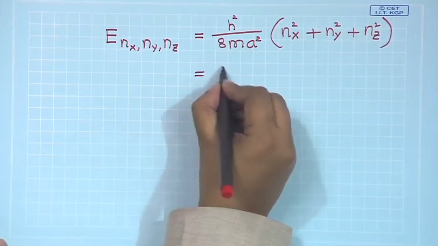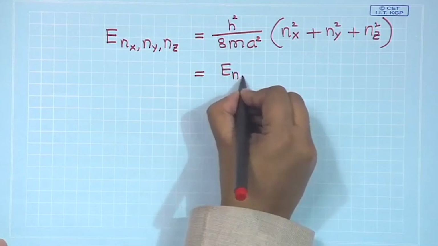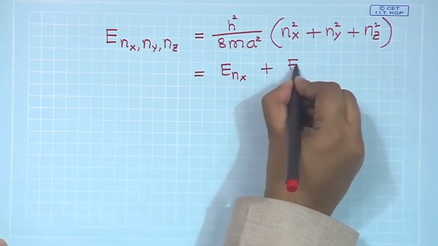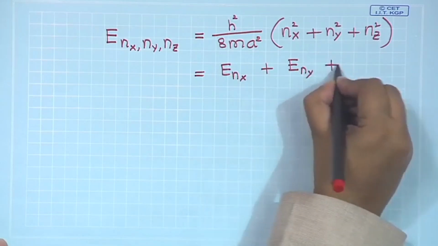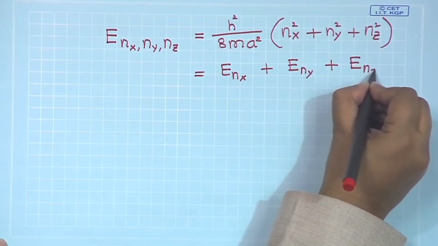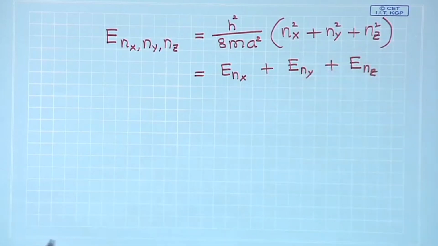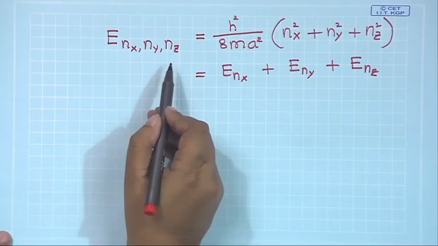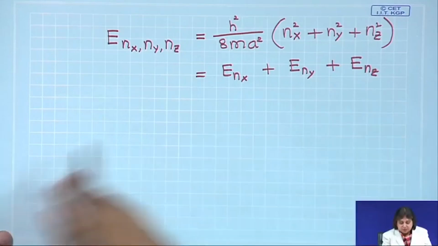And therefore, this is nothing but Enx plus Eny plus Enz. That is because whatever happens in the three orthogonal directions, they give you three independent degrees of freedom, and therefore, I can write the total energy eigenstate in terms of three independent contributions.